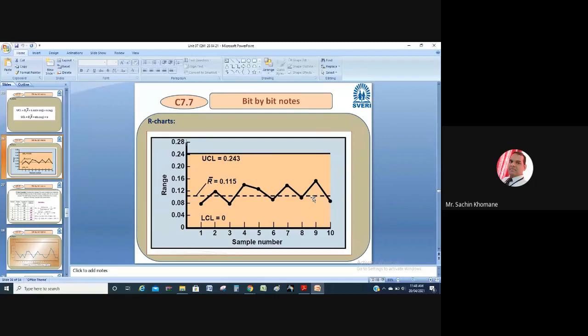But just see the range values and sample number. See whether you are getting the same trend of graph. Take 1 minute to draw it. Within 1-2 minutes, if you are drawing freehand, easily you can draw.